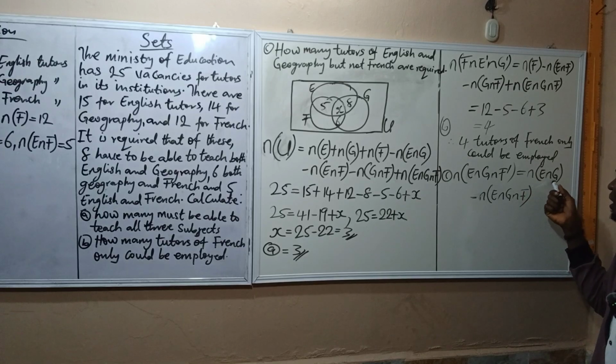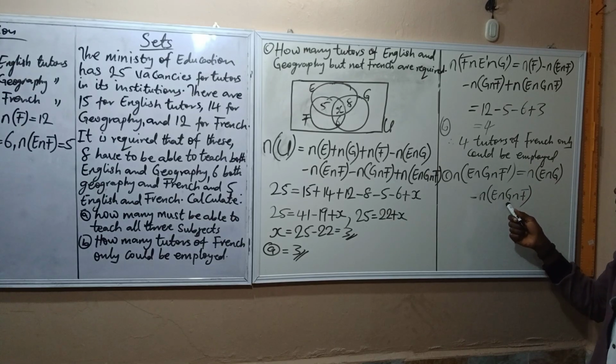This will be equal to the number of English intersection geography, then minus the number of all of them, English intersection geography intersection French.